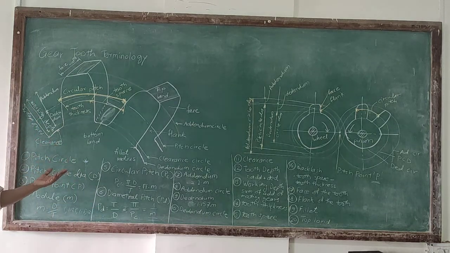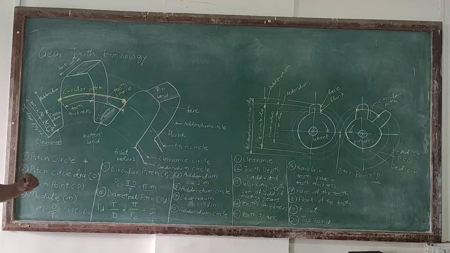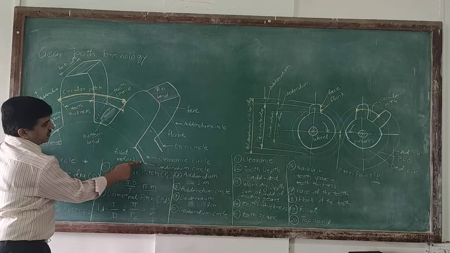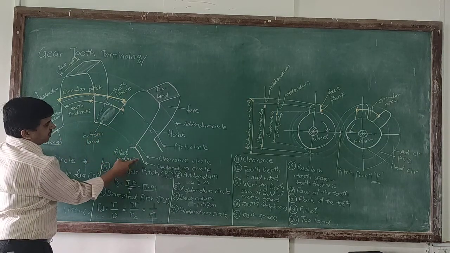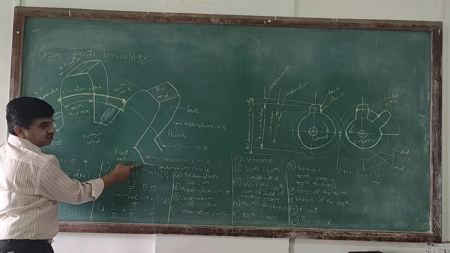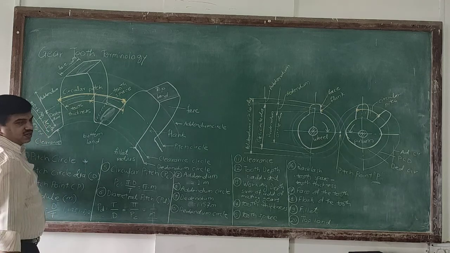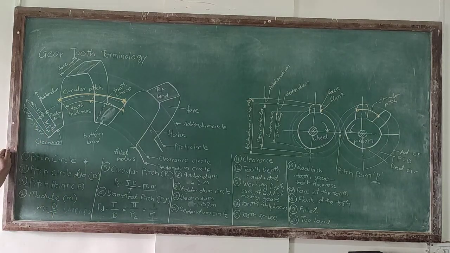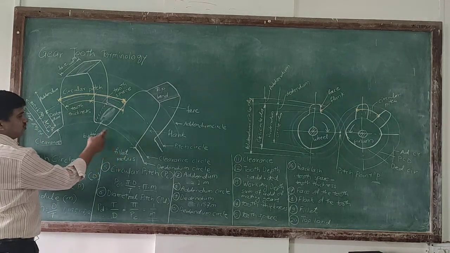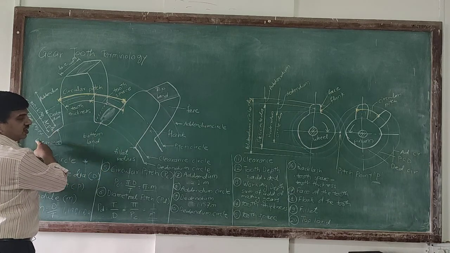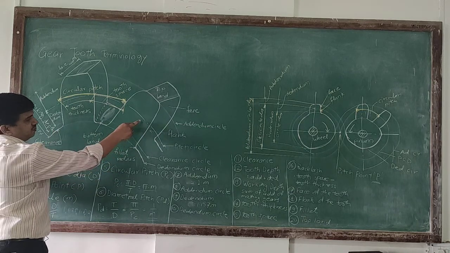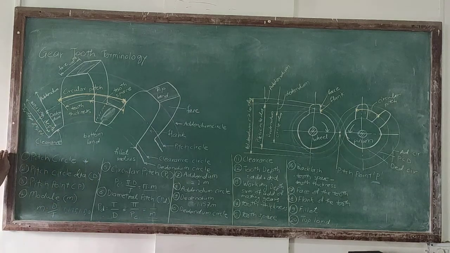Similar to the addendum circle, if we draw one circle passing through the bottommost part of a gear tooth, and which is concentric to the pitch circle, if we draw a circle that goes through the bottommost part and its center is the same as the center of the pitch circle, then that is the dedendum circle. Understood? This is the dedendum circle.